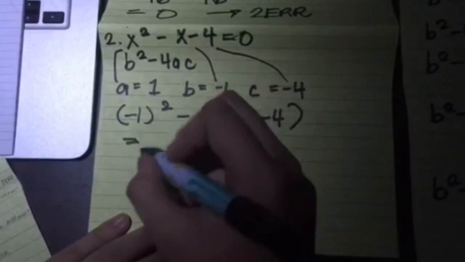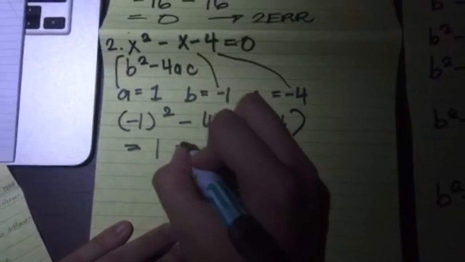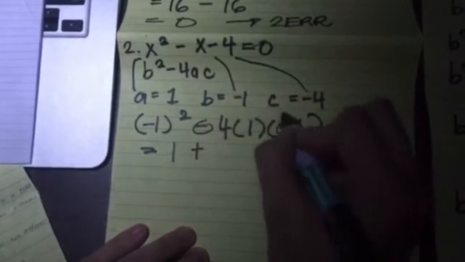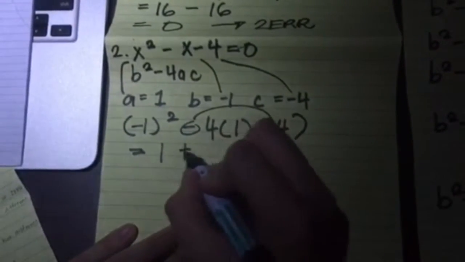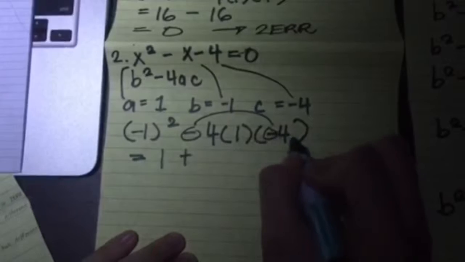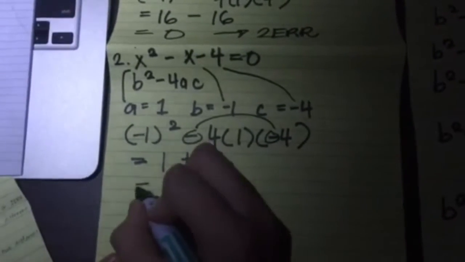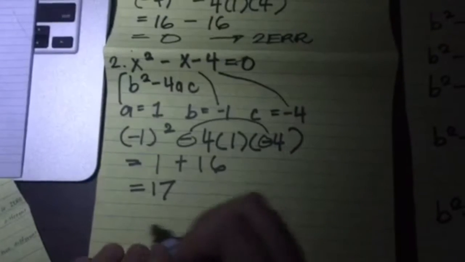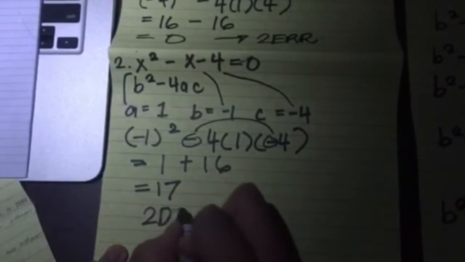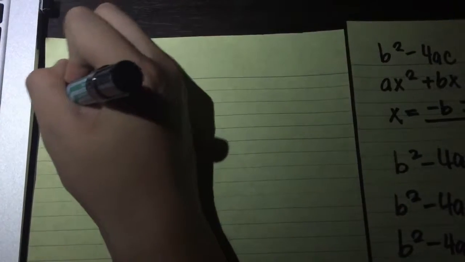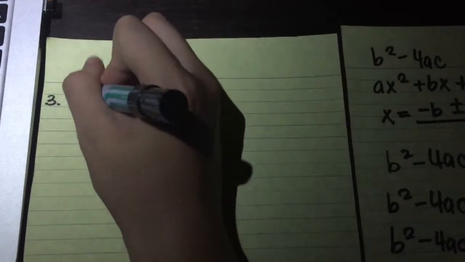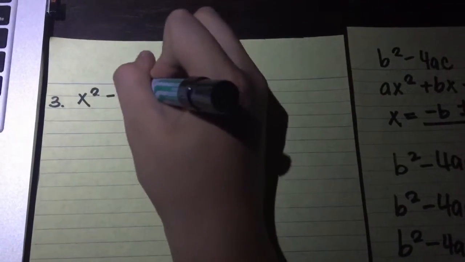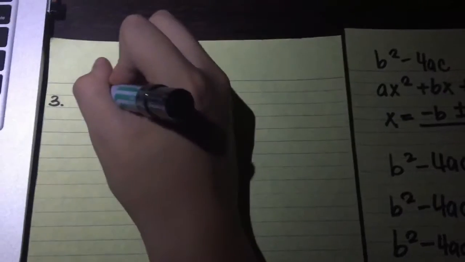Negative 1 squared is 1, plus, because of the negatives, a positive 4 times 4 is 16. 1 plus 16 is 17. Therefore, it's 2DIR.